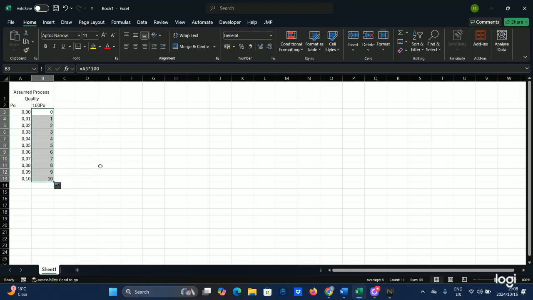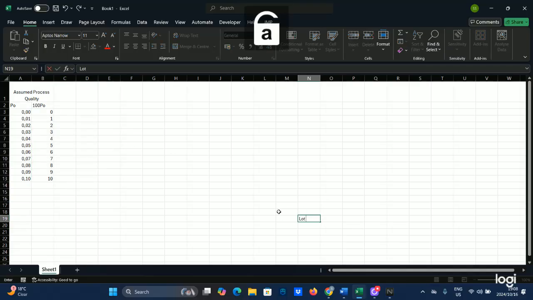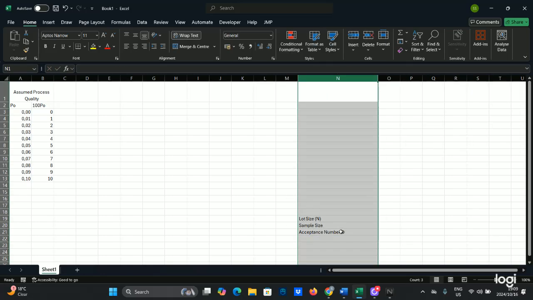So after you are done, in a separate column I want you to write the lot size, which is capital letter N, and then the sample size, and then your C value, which is the acceptance number, which is C. Let me just open this up so it can be clear for you.